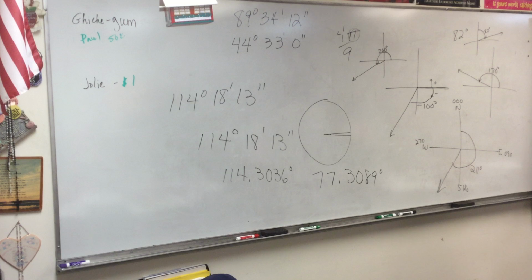The reciprocal of the cosecant is the sine. The sine and the cosecant are reciprocals. So I don't have the cosecant memorized; I have the sine memorized. Sine is opposite over hypotenuse. It is y over r.